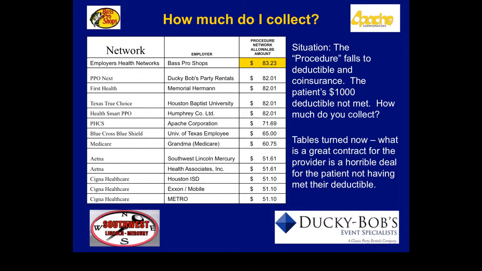Because when Bass Pro Shops employees signed on, they knew what they were getting. But Medicare, grandma's going to pay only $60.75 for the exact same service, or Health Associates $51.61 because they pay for that network. So it's interesting how what pays well is great, but it also becomes the patient's responsibility when you start talking about high deductible plans.